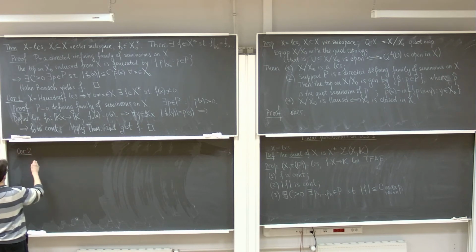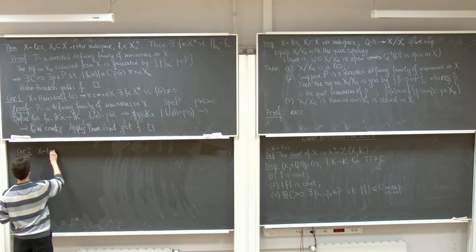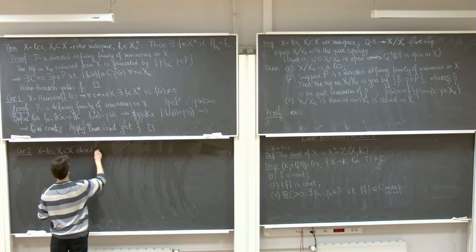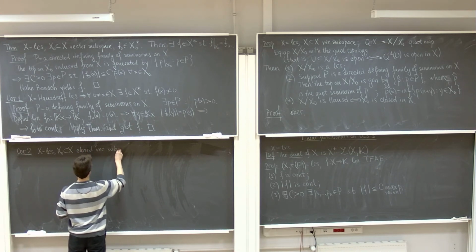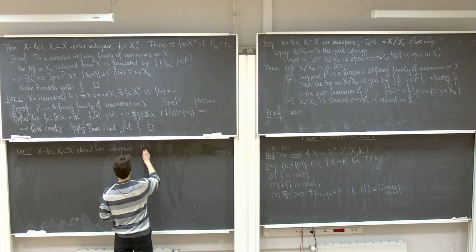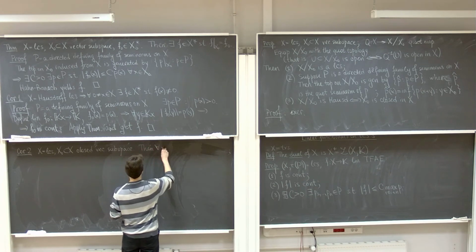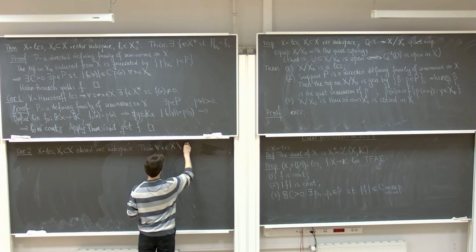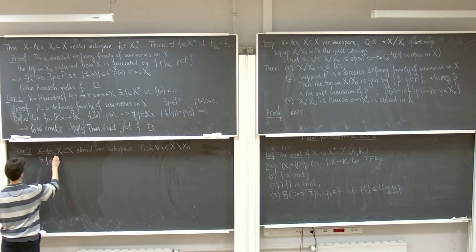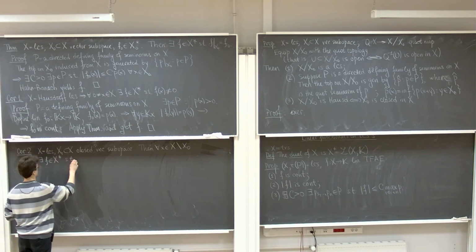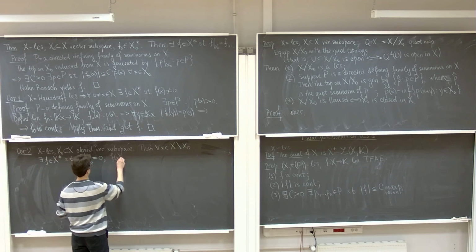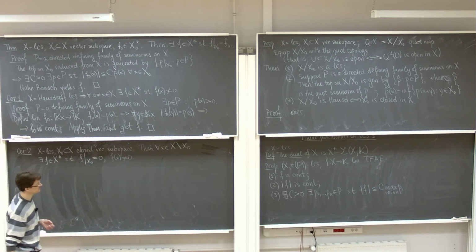Suppose that X is a locally convex space, and x0 is a closed vector subspace of X. I claim that for each element x in our space which does not belong to x0, there exists a continuous linear functional f on X such that f vanishes at x0, but f doesn't vanish at x.